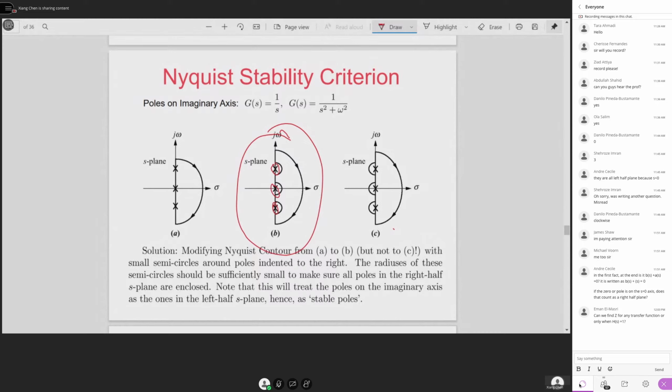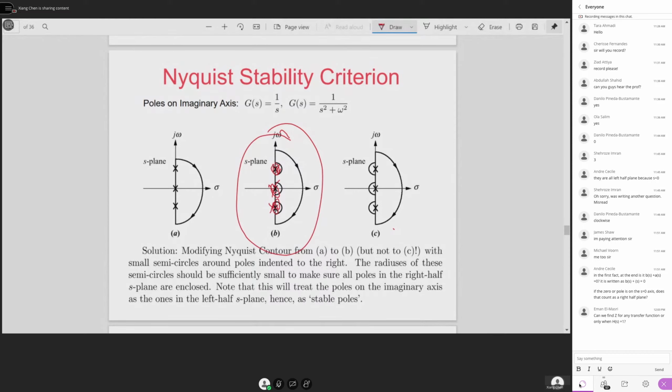We actually treat it as a stable one, because we know the stable one does not contribute to encirclement, right? So this way, if you evaluate the Nyquist plot based on the modified Nyquist contour, all of those poles on the imaginary axis will not contribute to encirclement around the origin on the G of S plane. You got my point? Okay, right?